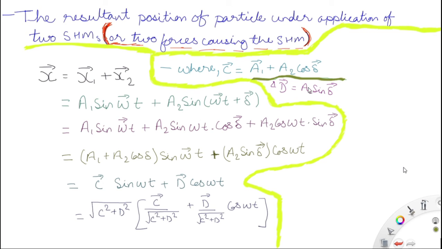In case of sine, sine of minus pi will be minus sine pi. So c is equal to A1 plus A2 cos delta, and d is equal to A2 sine delta.